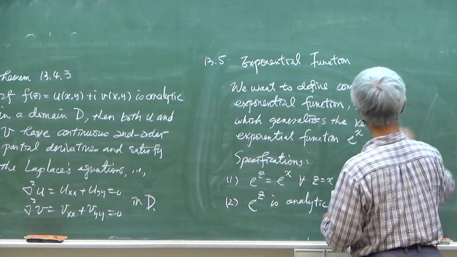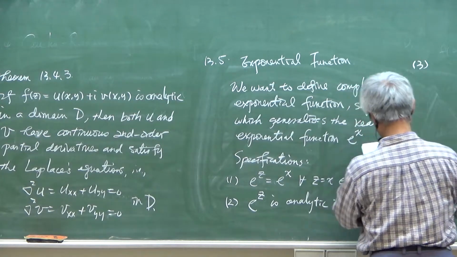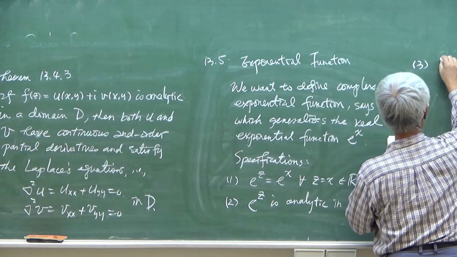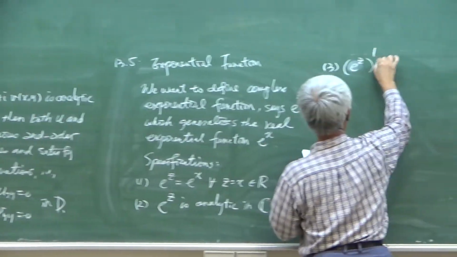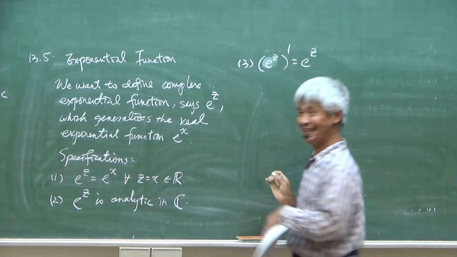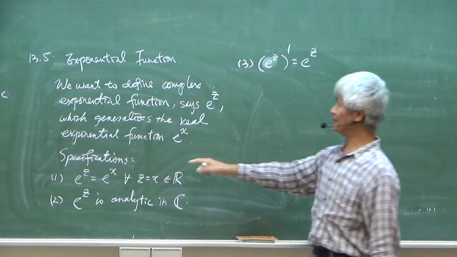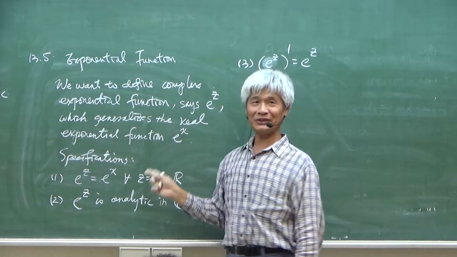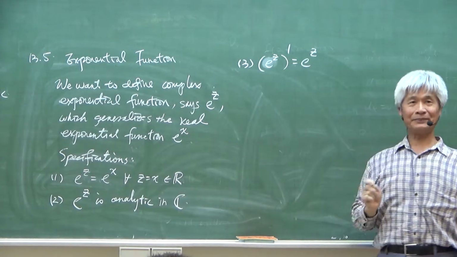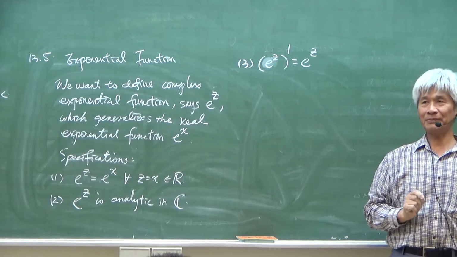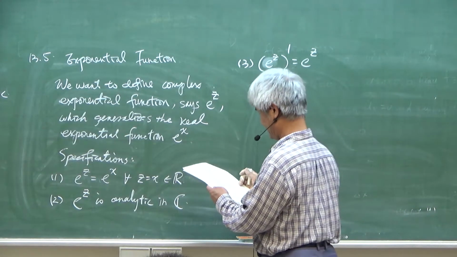The third specification is that we want the derivative to be the same, because the derivative of the real exponential function is itself. So we want to keep the same differential behavior.